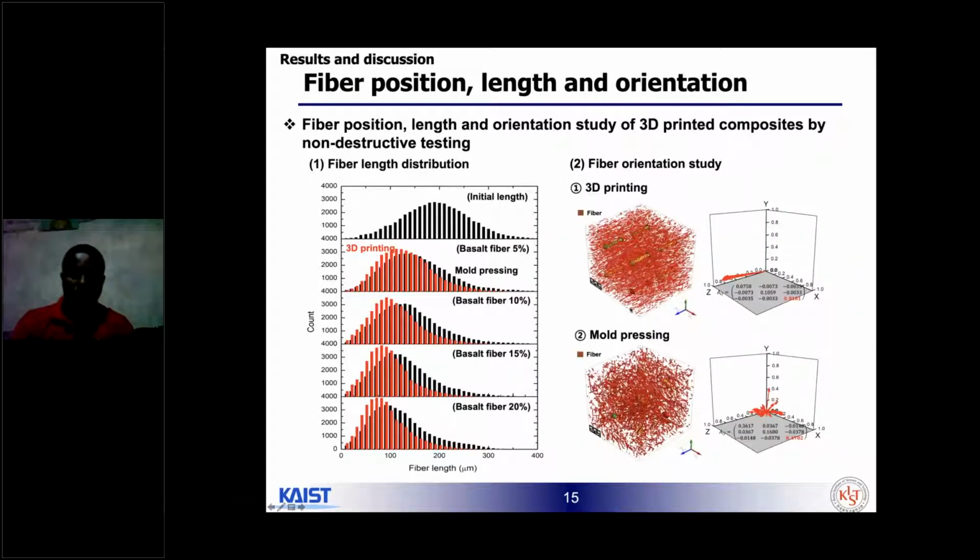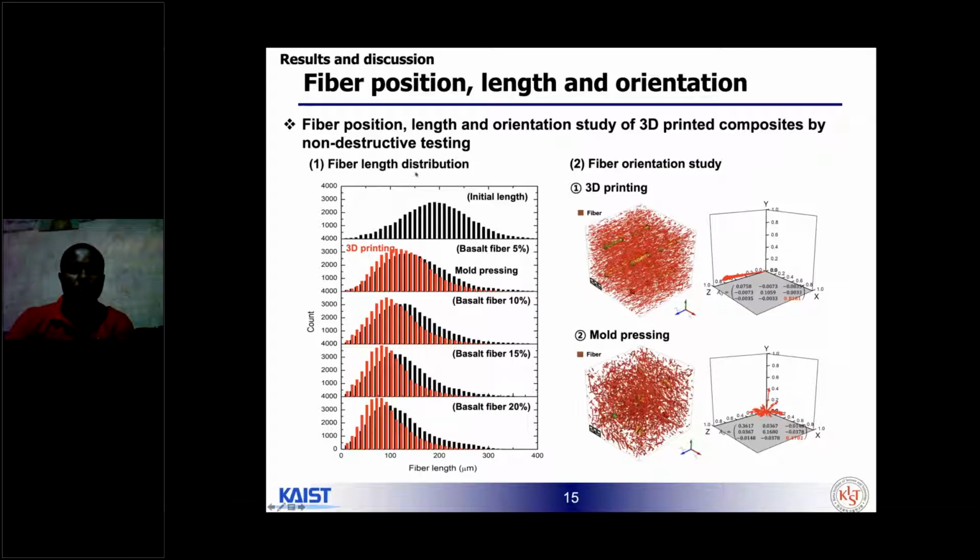To define fiber position, length, and orientation inside the printed composite, we conducted a fiber characteristic study like this slide. This slide shows fiber length distribution before and after both printing and mold process.